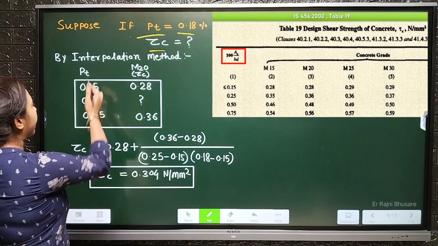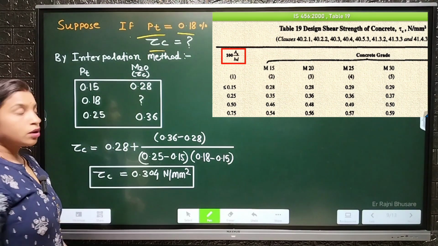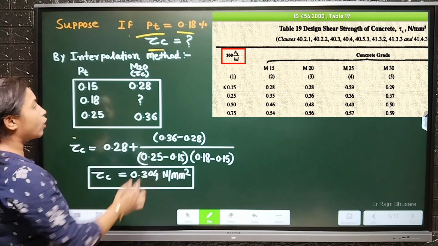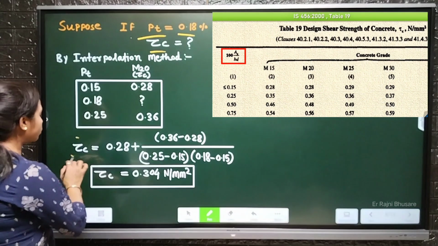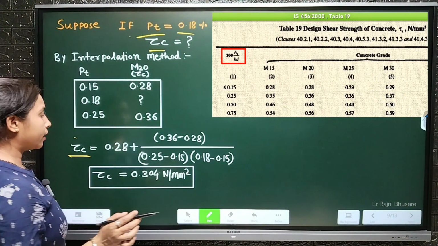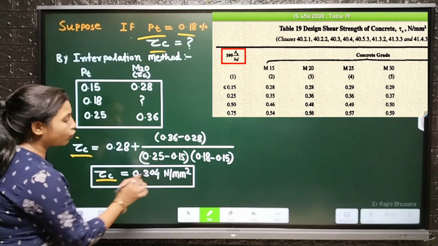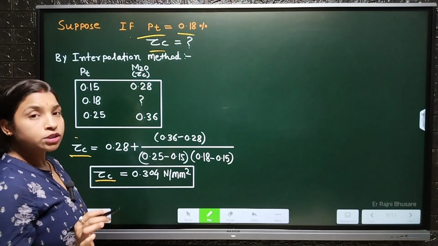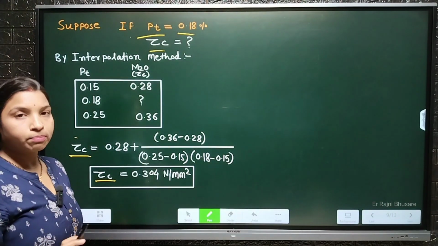There we have one column of Pt and a second column for M20 concrete grade tau C. All values are increasing in both columns, and by the interpolation method we get a tau C value of 0.304 Newton per mm square. In this way you have to calculate the tau C value by the interpolation method.